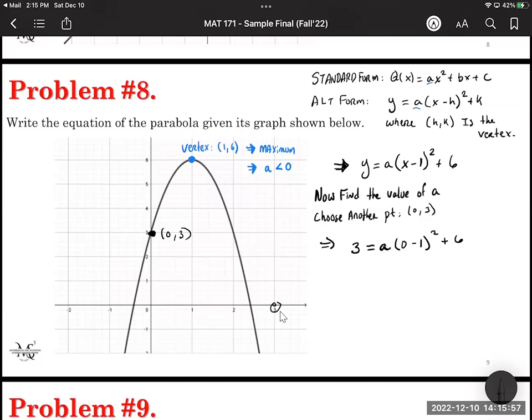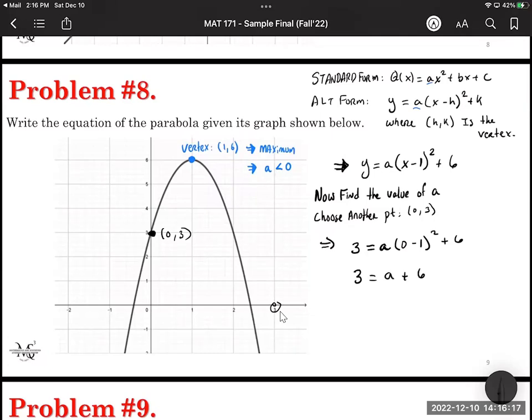Negative 1. What is negative 1 squared? Positive 1. If I multiply positive 1 by a, that would be a. So you get 3 equals a plus 6.